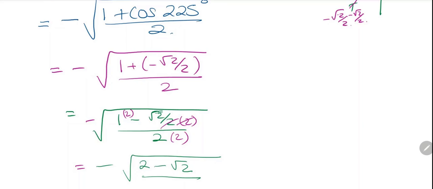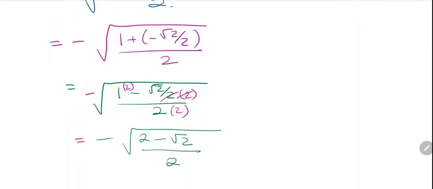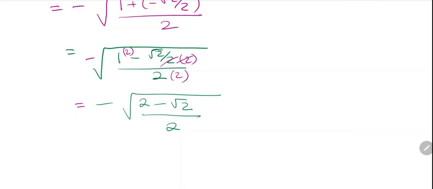But the square root of 4 will just leave us with 2. So our final answer is going to be minus the square root of 2 minus root 2, over 2.